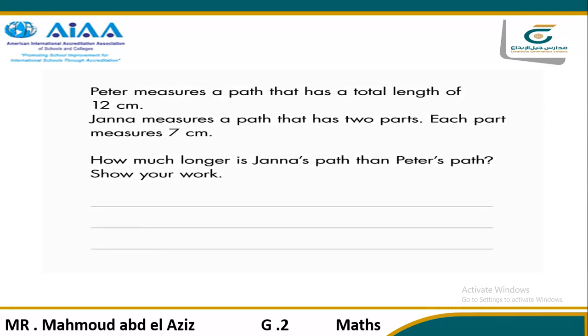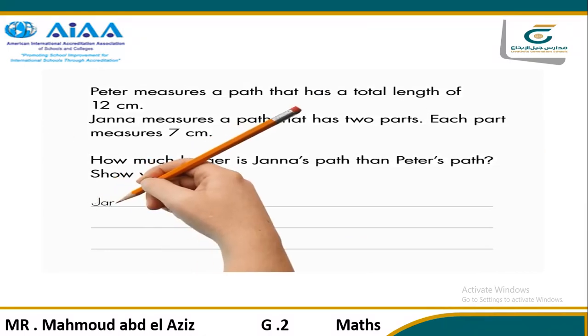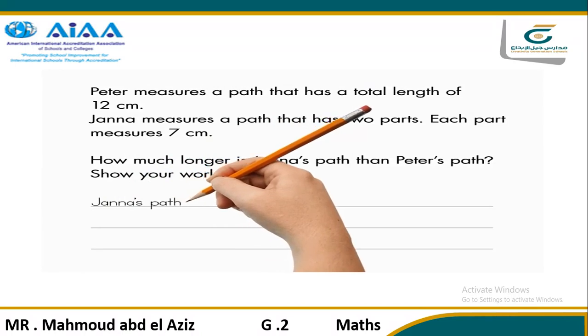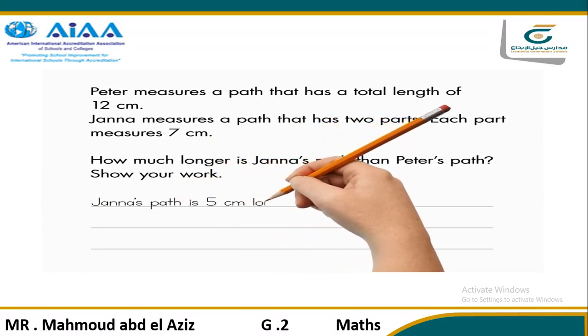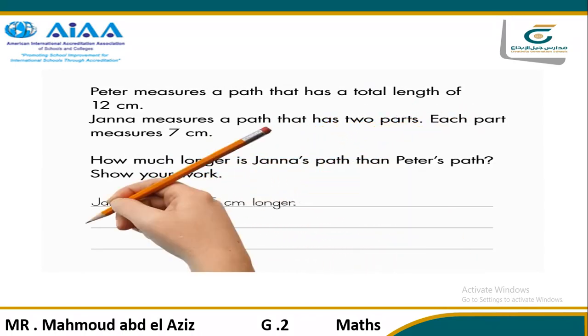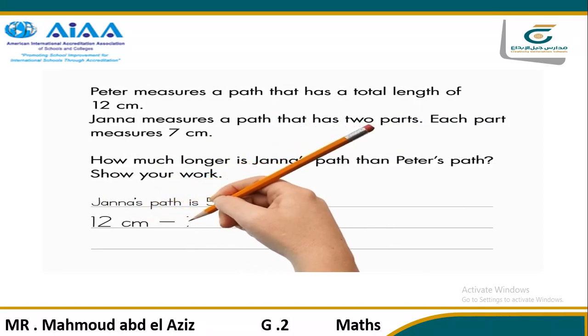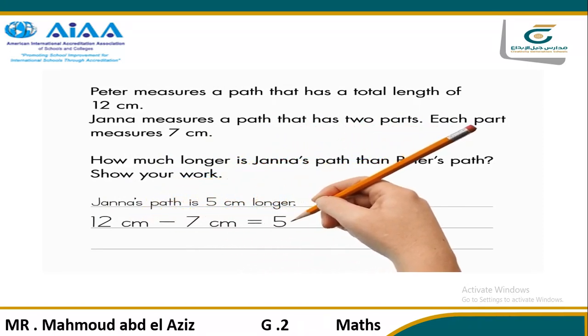This problem is key because students are required to add and subtract lengths to find how much longer one path is than another. Listen and look for students who state that Jana's path is 5 centimeters longer than Peter's path, because 12 centimeters minus 7 centimeters is equal to 5 centimeters.